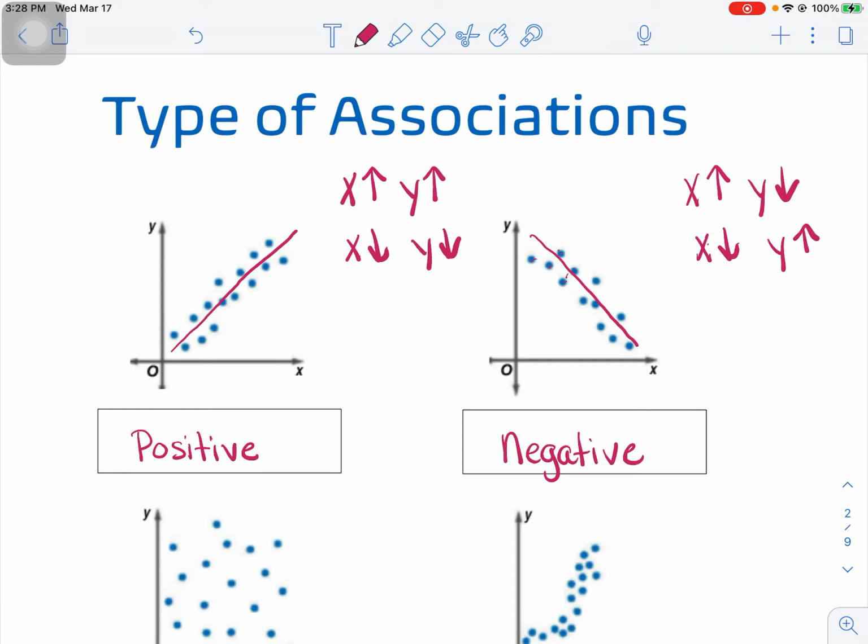An example you might see of this is as your mileage on your car increases, its value decreases. The more miles you drive a car, the less valuable it is. Somebody doesn't want to spend a lot of money on a car that's got 100,000 miles on it. So that would show a negative correlation.